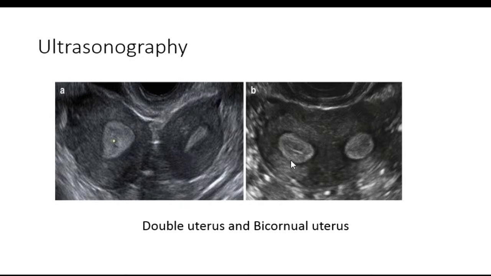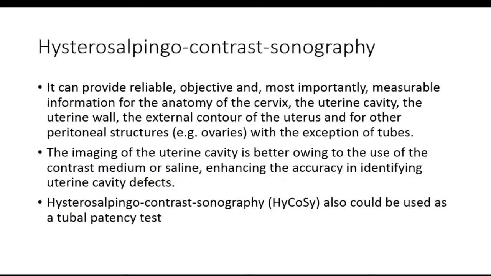But here you see only two endometria and the whole uterus. These two horns are close together to each other. So ultrasound is a very simple, objective, affordable method of diagnostics for those pathologies like double uterus or bicornuate uterus.